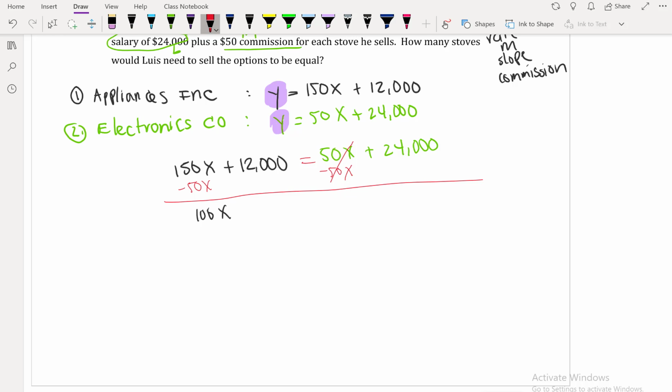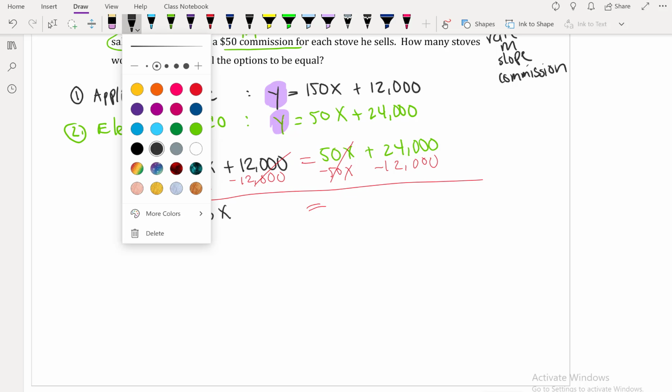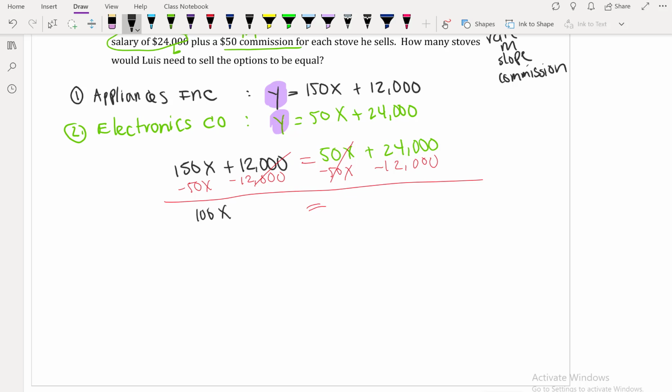And here I'm also going to subtract that 12,000. So now I have 24,000 minus 12,000, which is going to give me 12,000. So I really have that 100x is equal to 12,000.